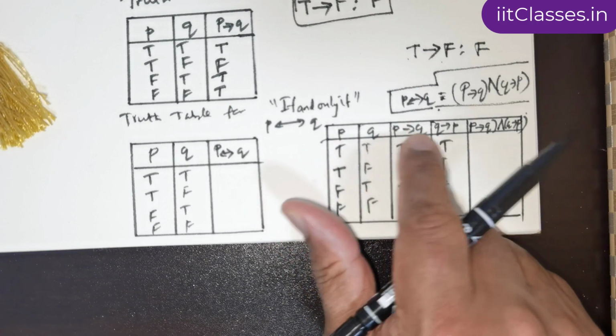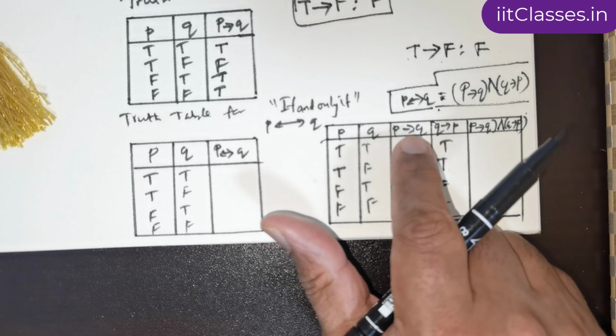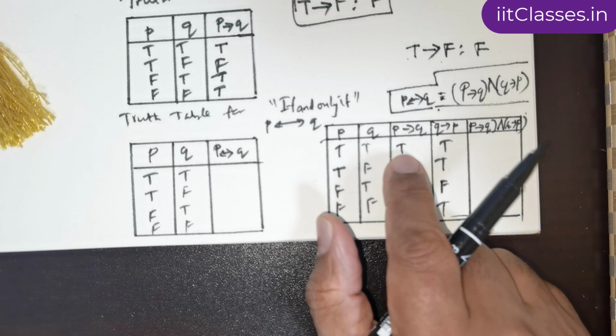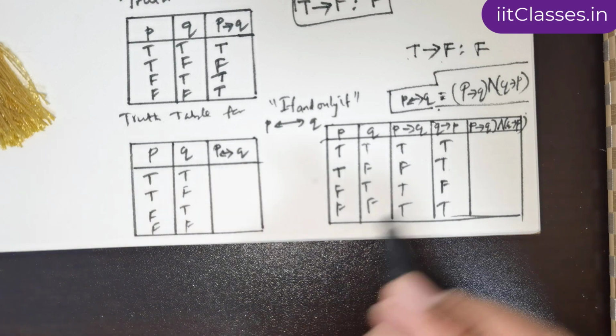Now P biconditional Q is nothing but P conditional Q in conjunction with Q conditional P. So there is a conjunction between the two columns. As I mentioned to you, we treat conjunction as the product operation, and we take T as 1 and F as 0.